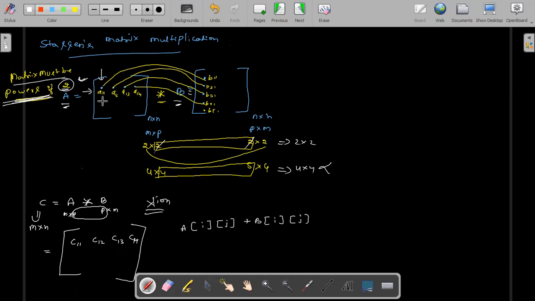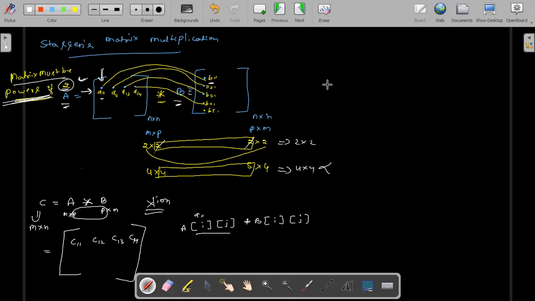So A of I is nothing but A11. Again, A of J. Getting everyone? Both things I'm talking about, A of I and A of J: A of I is nothing but the number of rows and columns, so that is A11, plus again B of I and J. What is that B of I, J? That is B11.